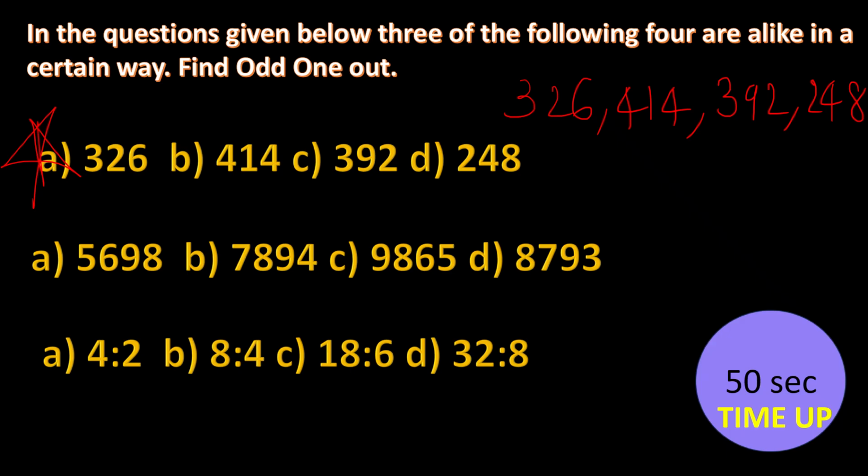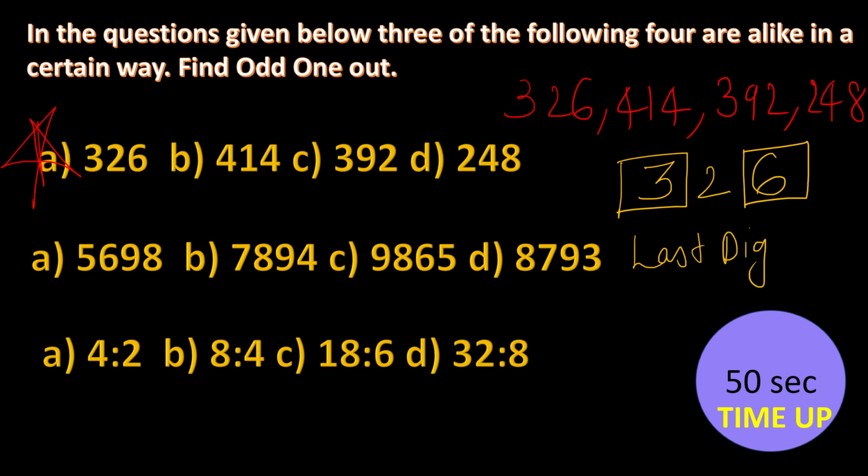Here division is used. How they have used it here is, if you take 326, this is the first digit of a number. This is the last digit of a number. So when the last digit is divided by the first digit, you will get the middle digit as the answer.